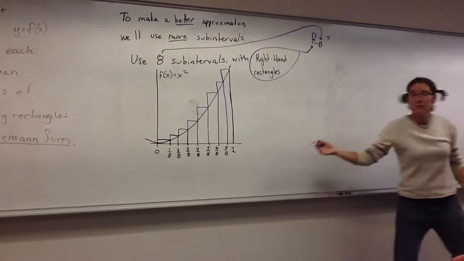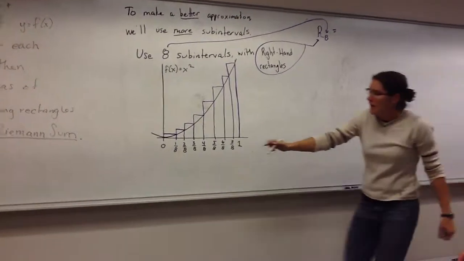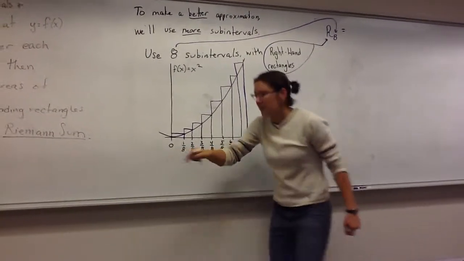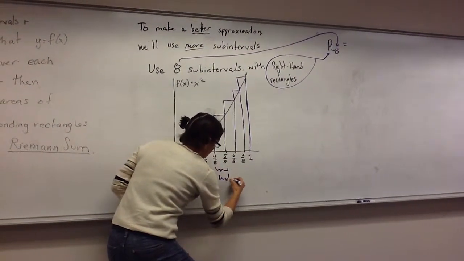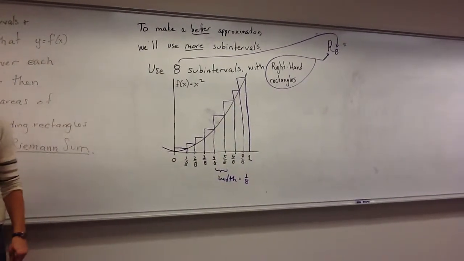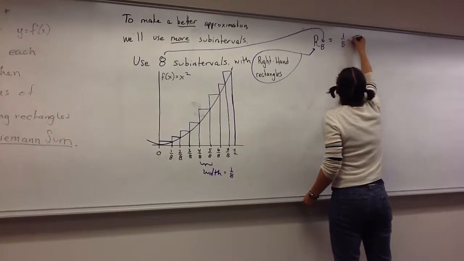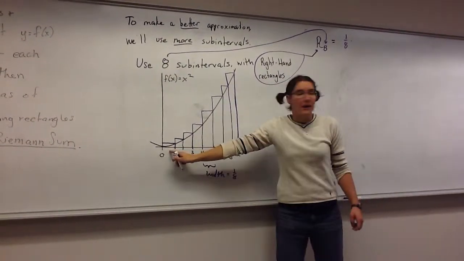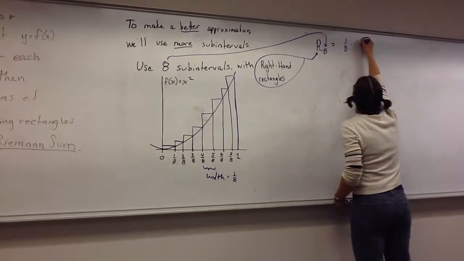Okay, so if I was really excited about this, and I kind of am, I'm going to do it. I've got my width. The width of one of these rectangles is 1/8 for each of those rectangles. And so I've got 1/8 times, now for my first rectangle, the height will be the height above where x is equal to 1/8, so I have 1/8 times f of 1/8.